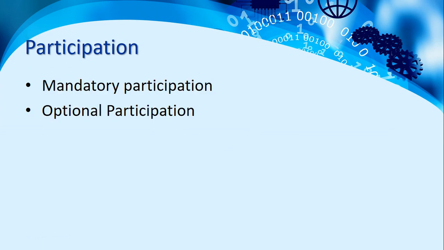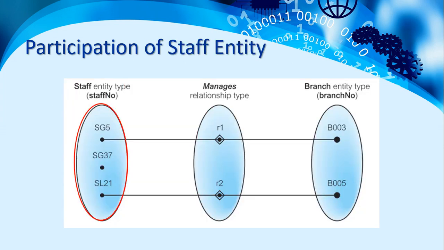And next we have participation. We have the following two kinds of participation: mandatory and optional. When we talk about the participation of the staff entity, we can see it highlighted in red, focused on staff. As you notice, not all staff manage a branch. Not all occurrences of staff have a relationship to the other entity.